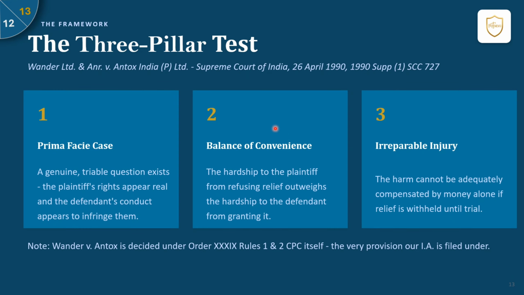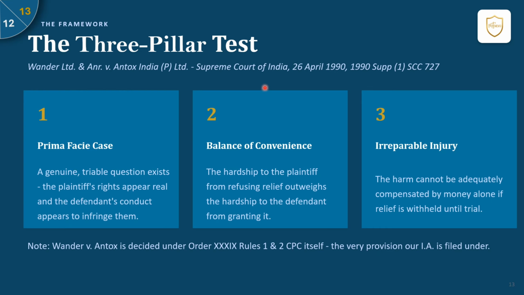Okay, so this is the single most important slide of Part B, because this test, the three pillar test, comes from the case of Wander Limited and another versus Antox India Private Limited, decided on 26th April 1990.